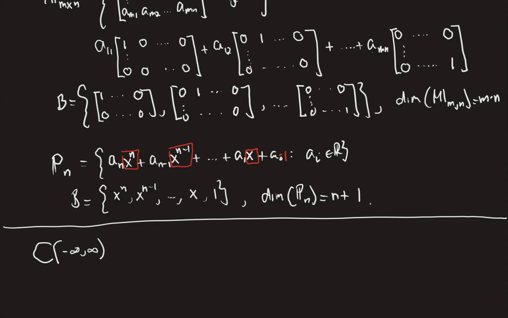So the ones above the line, those are examples of finite dimensional vector spaces because they have a finite dimension. And you can write any element in each of these spaces as a finite linear combination of the elements in your basis. For the set of all continuous functions, suddenly it's unlimited.